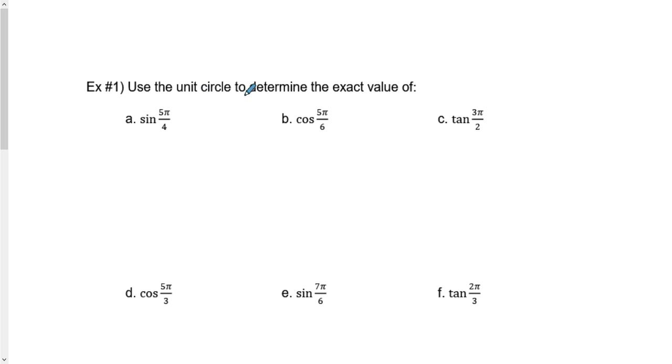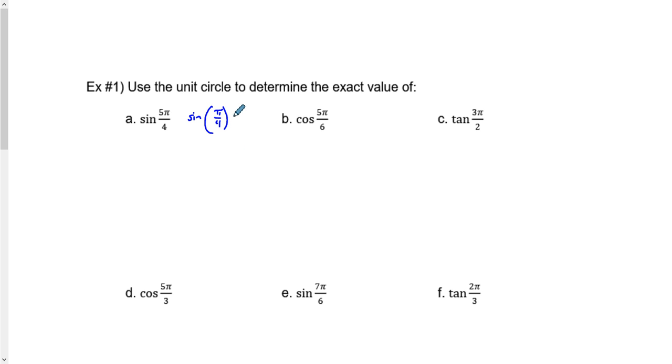We're going to use this unit circle to determine the exact value of the sine of 5 pi over 4, which means we're looking for 5/4 of a pi. So where are we going to look for a quarter? Well, again, if we're looking at our table, we're looking for essentially that 1/4 pi.